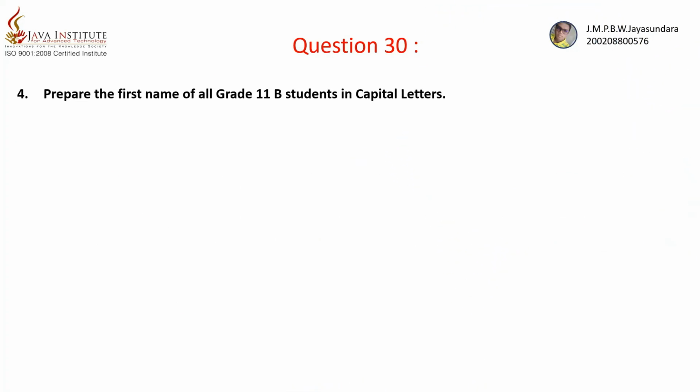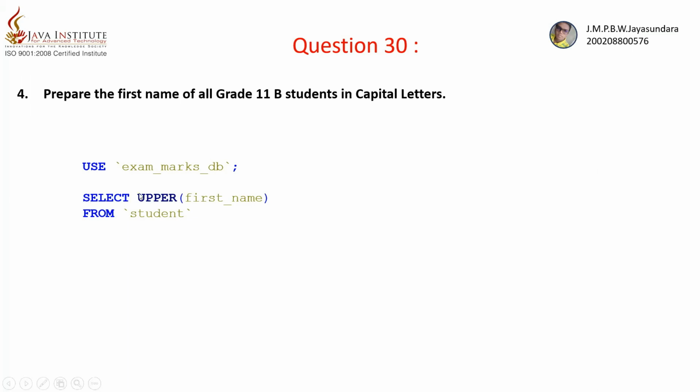So let's go back. Here we have our fourth question. It says prepare the first name of all grade 11B students in capital letters. To do this, first we have defined the database. After that, we have inserted the search query. As you can see here, we have used another function, upper. What it does is change a string value into capital letters.